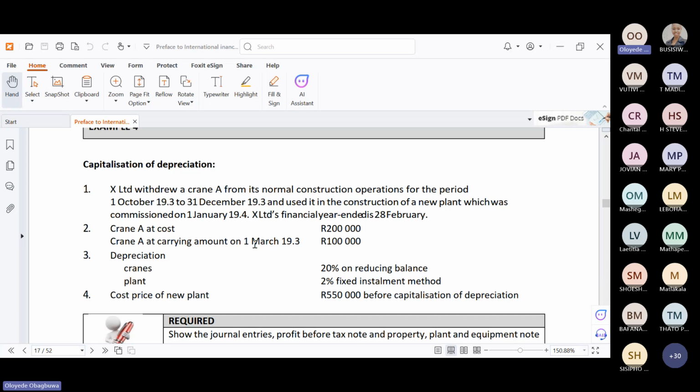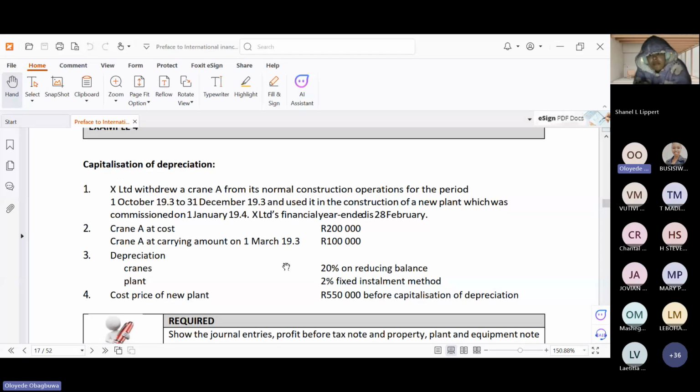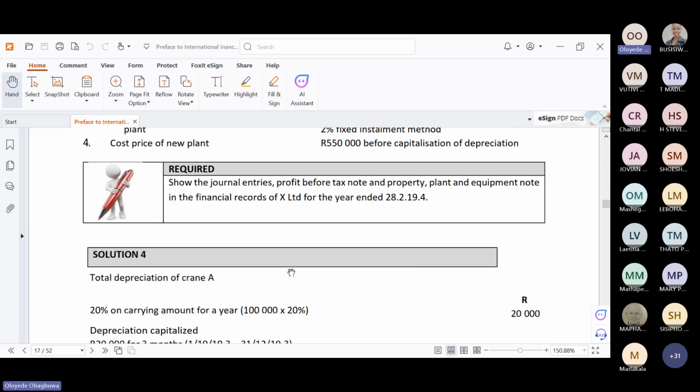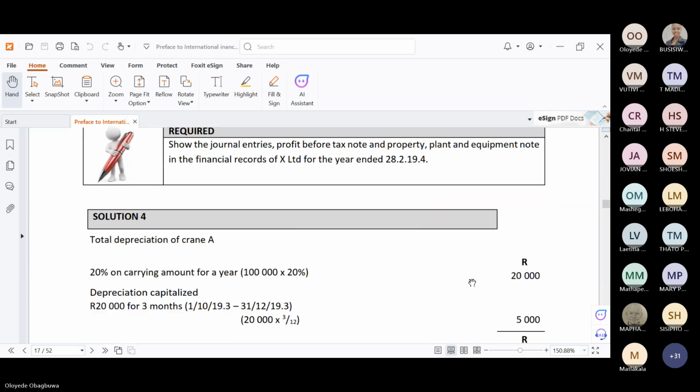From 1st of March, this is the carrying amount. So 1st of March to 28th February 2004 will be a full financial year. The depreciation for the year should be 20% multiplied by 100,000, which is 20,000.